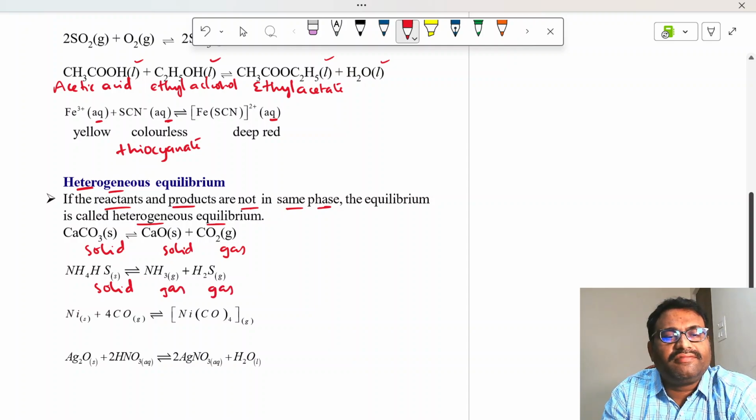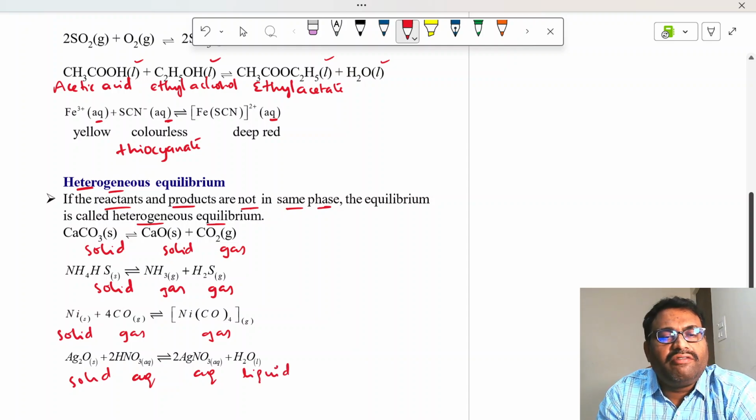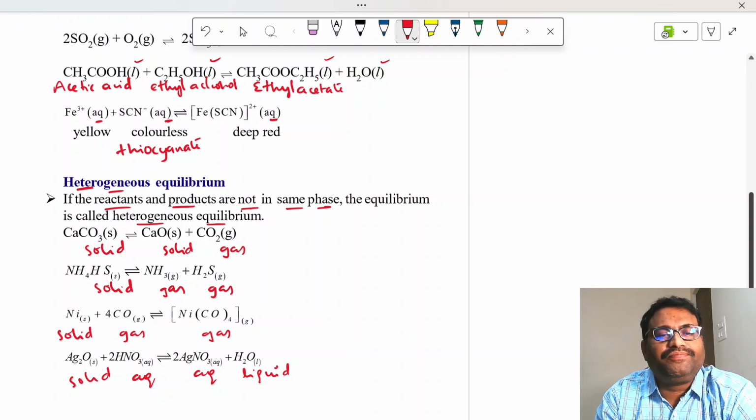Here solid, gas. So here you find a solid, aqueous solution, liquid. So when reactants and products are not in the same state, then such equilibrium is called a heterogeneous equilibrium.